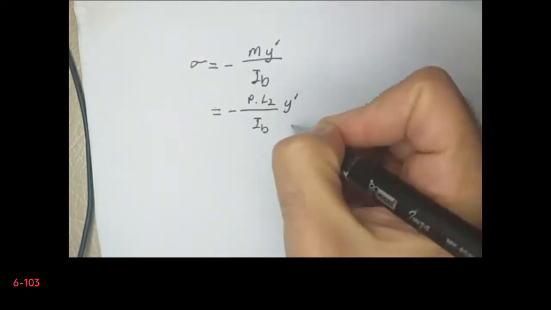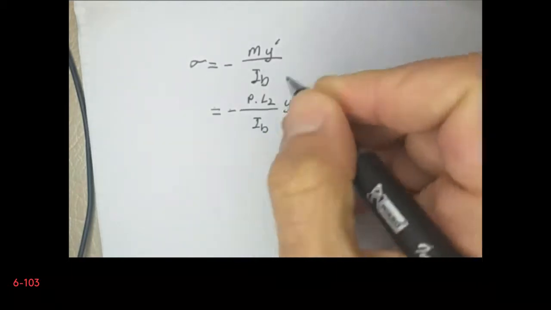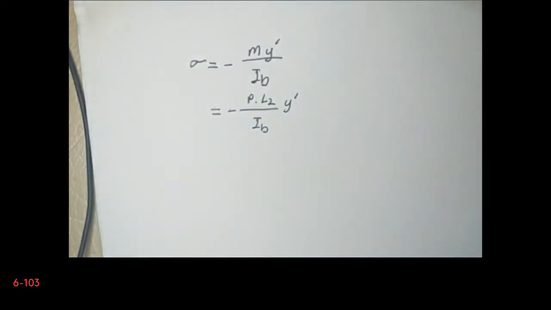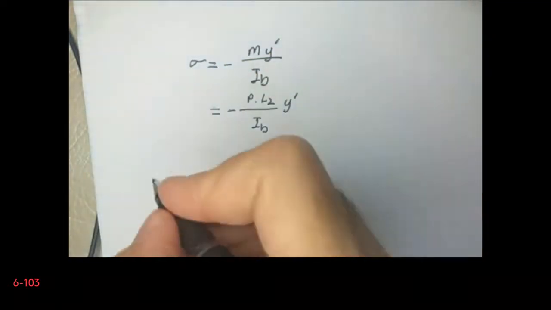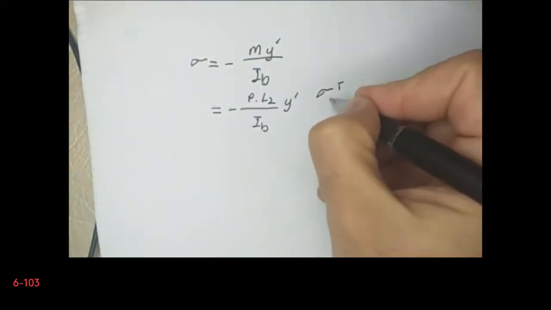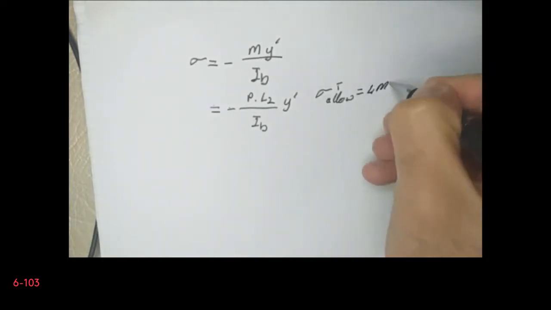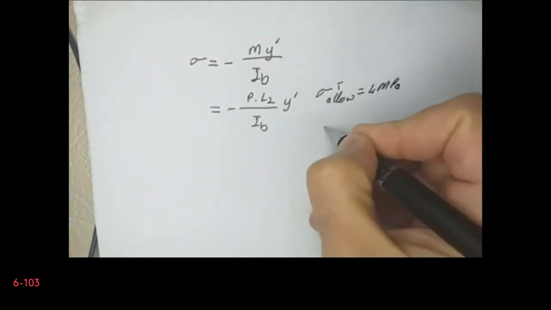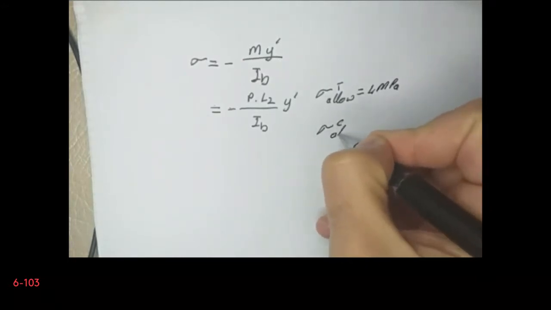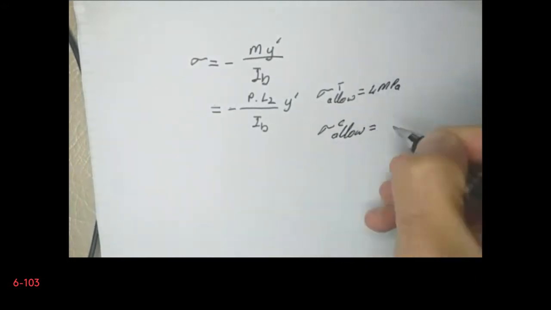So we are given the allowable stresses for tension and compression. For tension, let's write it here, sigma T allowable is equal to 4 megapascals, and for compression it is 5 megapascals.